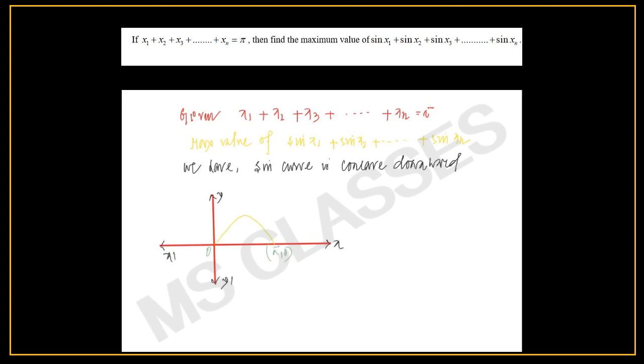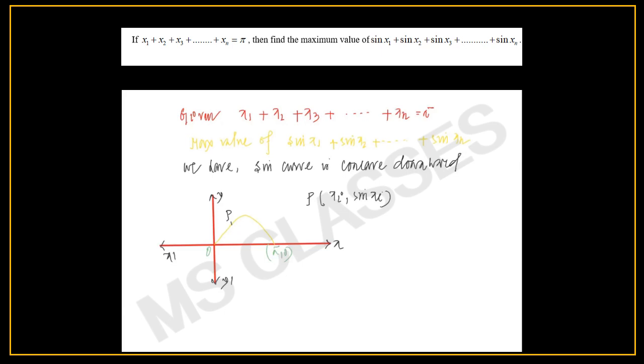Okay. So here, if we take any point on the curve, suppose we take the point P as some xi comma sin xi. Not only this point, but points like x1 comma sin x1, x2 comma sin x2, all these types of points.